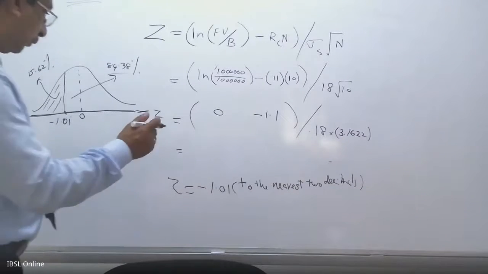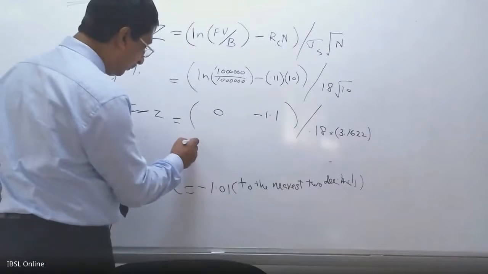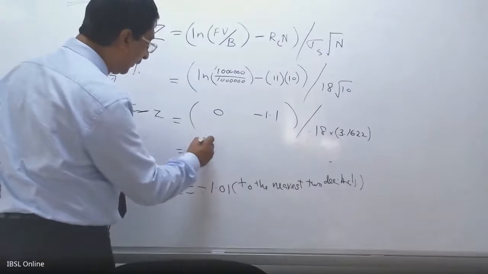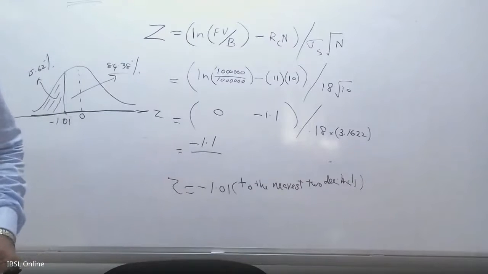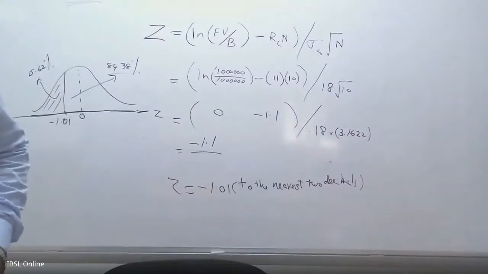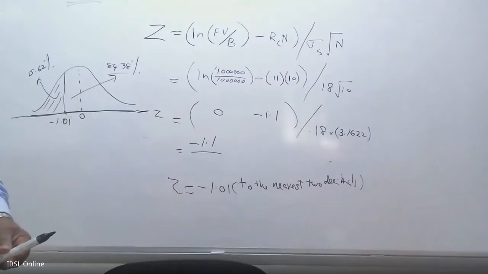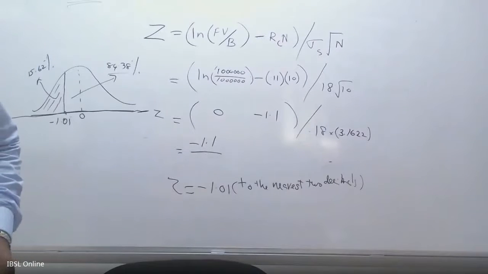Then you get the numerator as 1.1 divided by 0.18 into 3.1622. That is 0.5692.